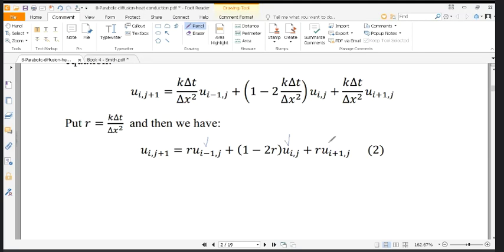Again, this value is known, but U(i, j+1) is unknown. This is the formulation of the explicit method for the diffusion equation.